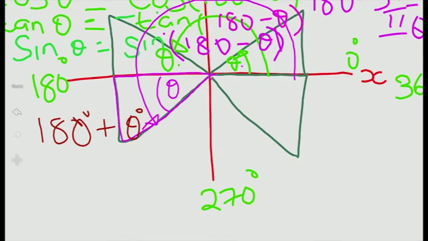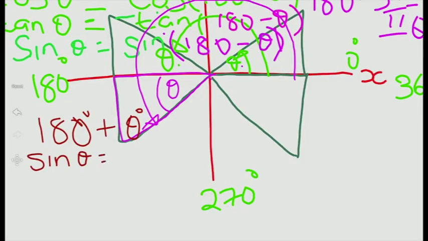It will give you a positive tangent, which means now the sign of the tangent will be positive, and the cosine and the sine will be negative for our trigonometric ratios for the angles in the third quadrant, whereas the value will be the same as the value of the angle in the first quadrant, which simply means that the sine of theta is equal to the sine of 180 degrees plus theta.